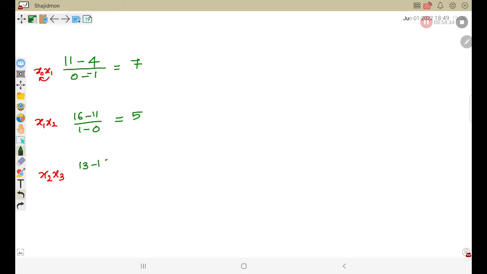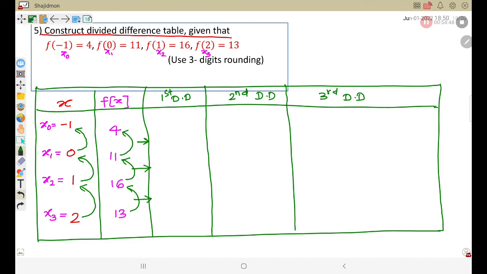You will get minus 3. So I am writing these numbers: first number we got 7, second number 5, third number minus 3.